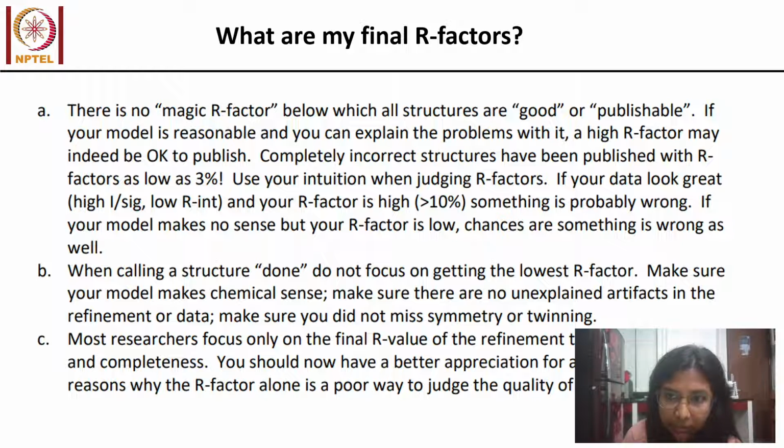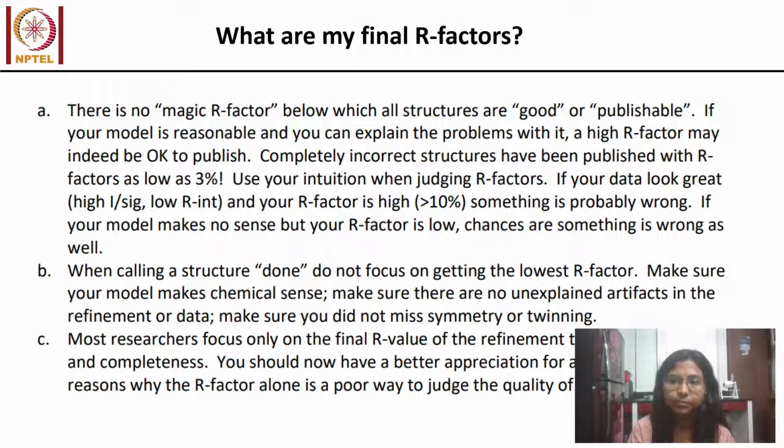On the other hand, completely incorrect structures have been published with R factors as low as 3%, right? That is why it is very important not to follow the R factor blindly, and you have to use your brains and intuition when dealing with R factors.